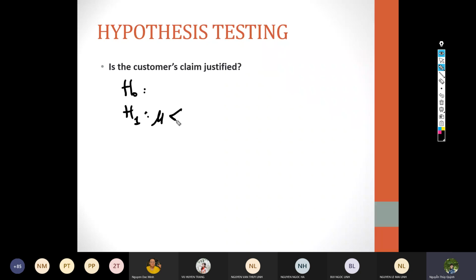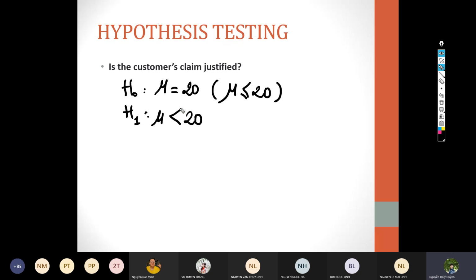So our alternative hypothesis will be mu less than 20, and the null hypothesis will be mu equal to 20, or mu greater than or equal to 20 is also okay.